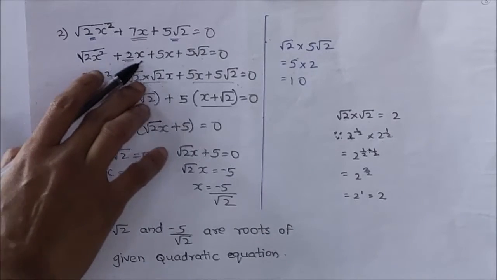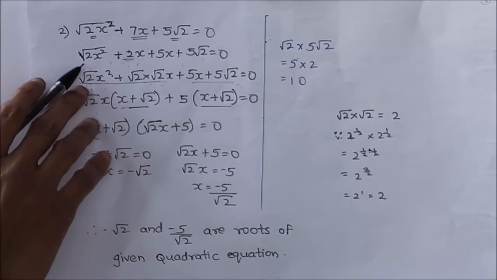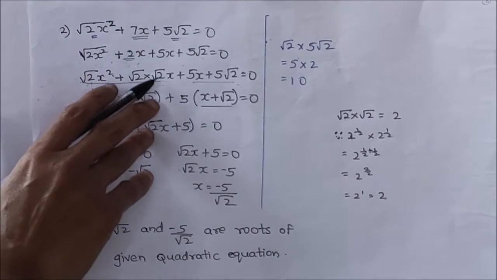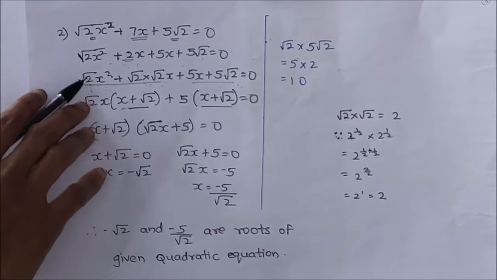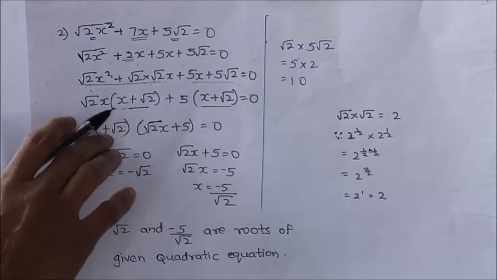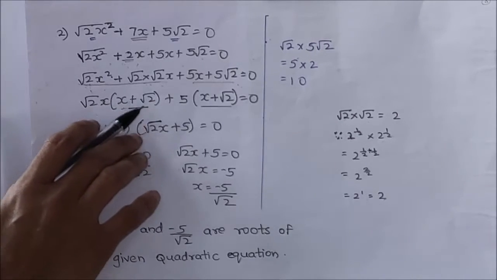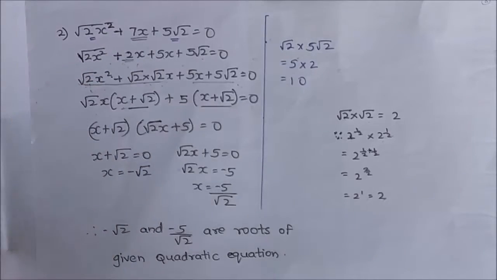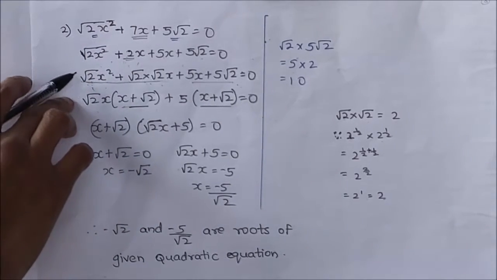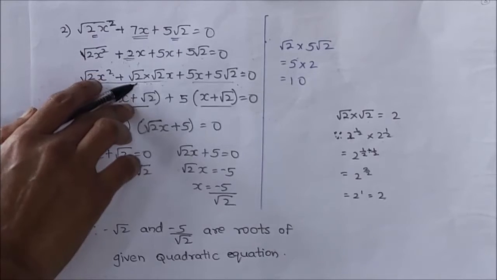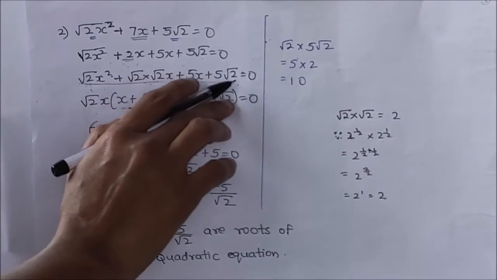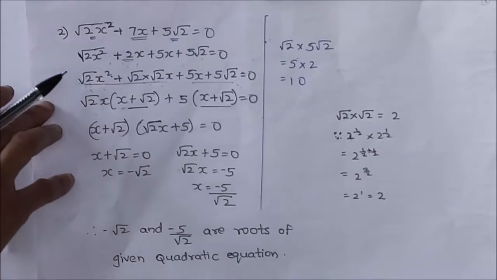Now I will take common between these terms. Before that, I'll split this 2 as root 2 into root 2 because I want to take out a common binomial. So root 2 x square plus root 2 into root 2 x plus 5x plus 5 root 2 equals 0.